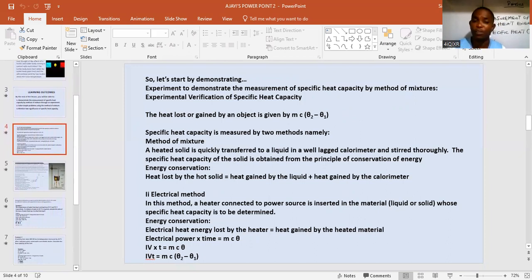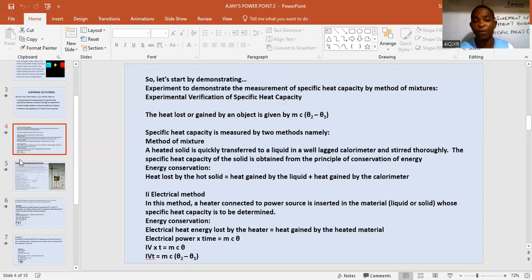In the method of mixture, the heated solid is quickly transferred to a liquid in a well-lagged calorimeter and stirred thoroughly. Specific heat capacity of the solid is obtained from the principle of conservation of energy, meaning heat lost by the hot solid equals heat gained by the liquid and the calorimeter as well.